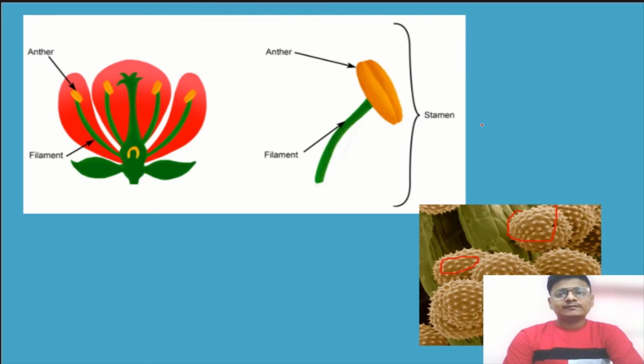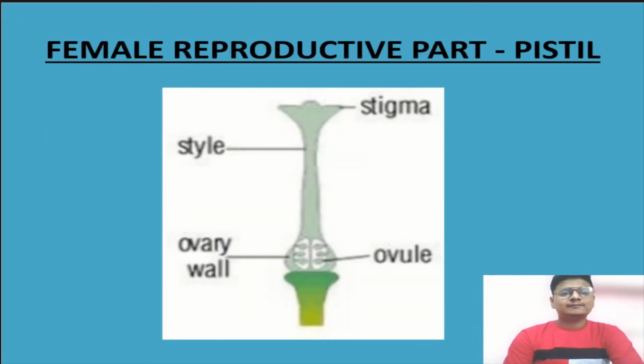Let's see the female reproductive part in detail. It is divided into three parts: stigma, style and ovary. And in the ovary there are ovules where fertilization takes place.